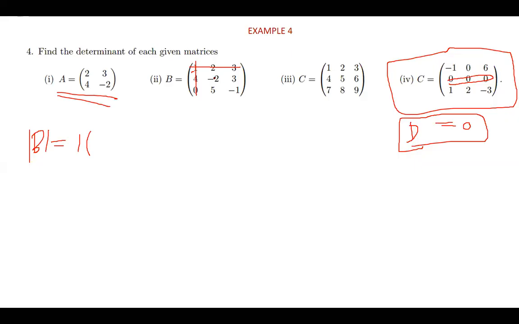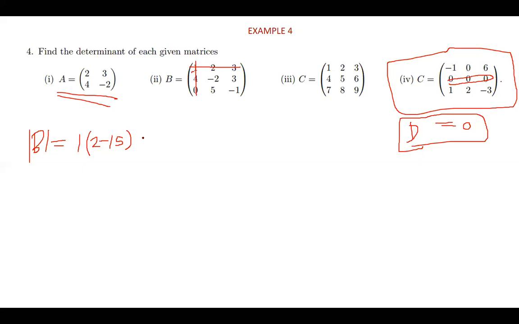So we're going to have -2 times -1, your answer will be 2. And then minus, this is going to be 5 times 3, you get 15.